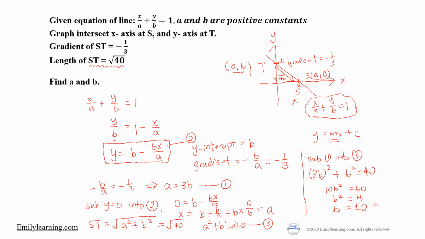But since b is positive, I will reject b equals to minus 2. So therefore, b is equals to 2. And when b is equals to 2, a is equals to 3b. So a is equals to 6. So therefore, the answer for this question is a equals to 6 and b equals to 2.